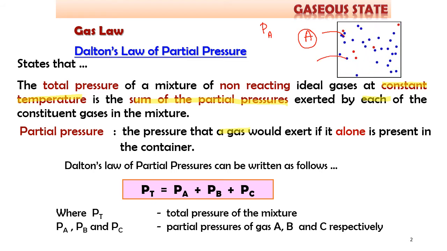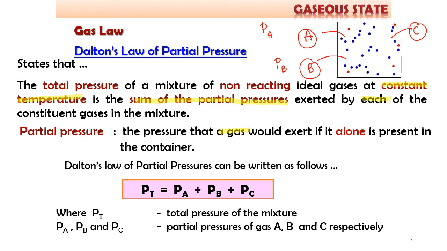So if you have gas B in here, you will have partial pressure of gas B. And if you have gas C in here, you will have partial pressure of gas C. And if you want to find the total pressure, it is the sum of the partial pressures. So PA, partial pressure of gas A, plus partial pressure of gas B, plus partial pressure of gas C. So you will have total pressure of the gases mixture.